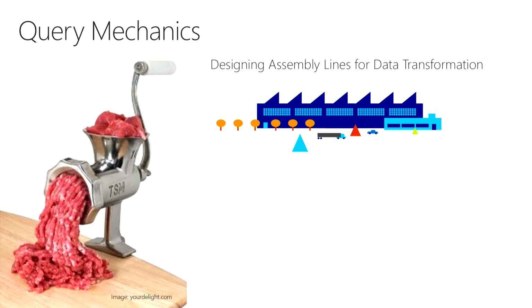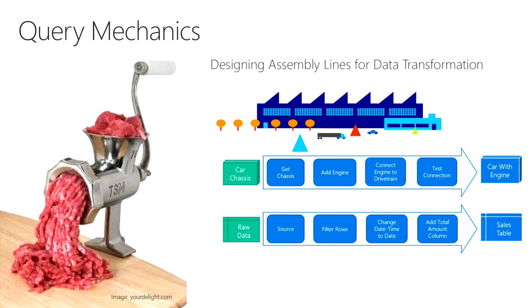So you think about data transformation as designing assembly lines for your data, and that's analogous to building something like a car. In this example, we have an assembly line in a car manufacturing plant where I'm going to start with the car chassis. That's my source. And then we're going to go through various stages of getting the chassis, putting the engine on it, connecting the drivetrain, testing the connection, making sure that it's working.